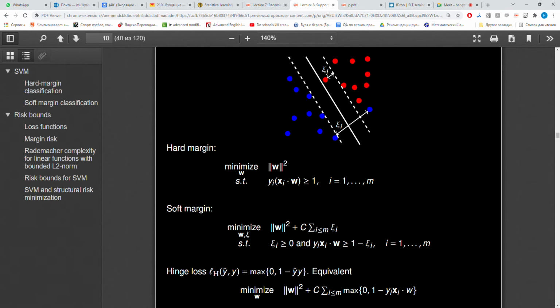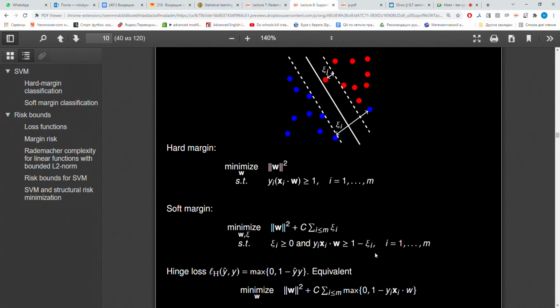So it looks like we can optimize the value of W so that we have a penalty for misclassified elements. So we try to keep the loss as low as possible, and we have a penalty for misclassified vectors.